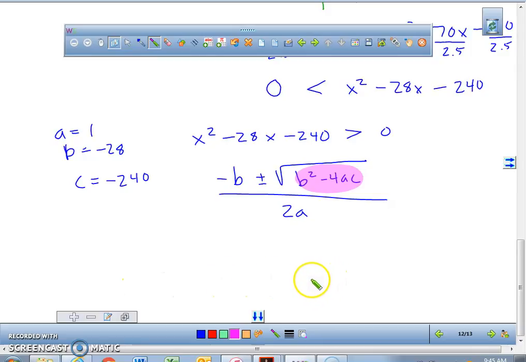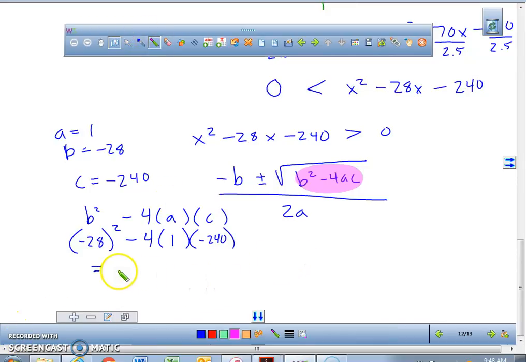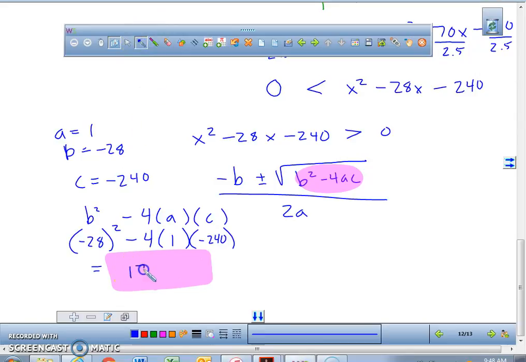You're going to get a positive answer, you're going to get a negative answer. Disregard the negative answer. That's an extraneous solution. It will not work. Find the positive answer. Remember, the first thing I told you to find was the discriminant. So if you plugged everything in correctly for the discriminant right here, you should have gotten 1744 for the discriminant.